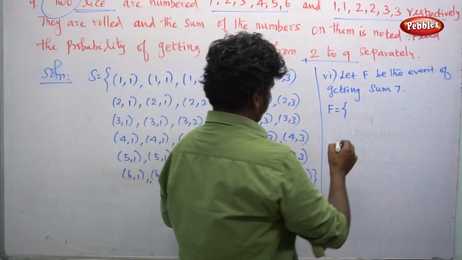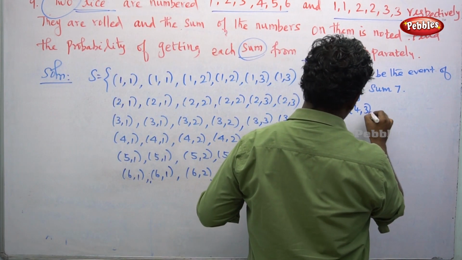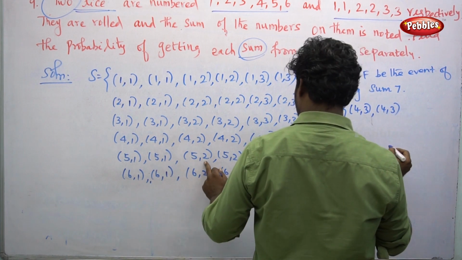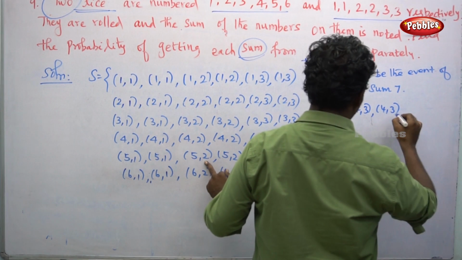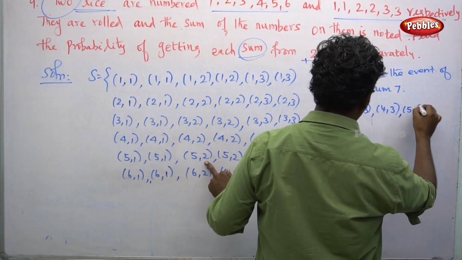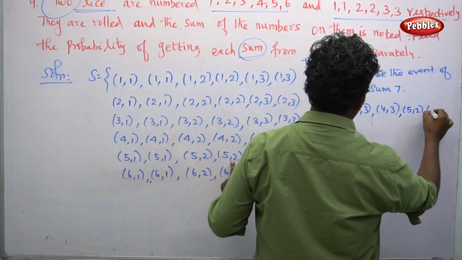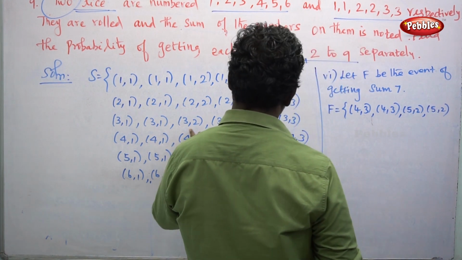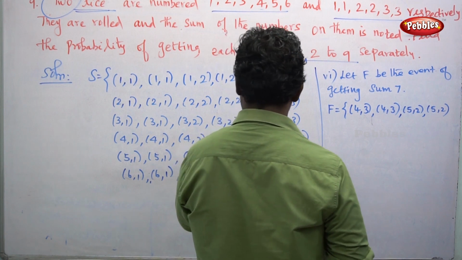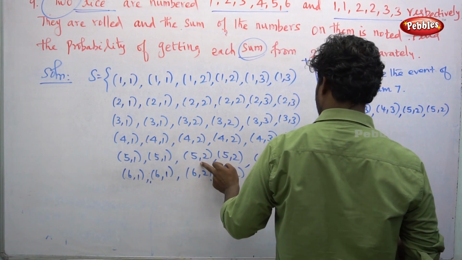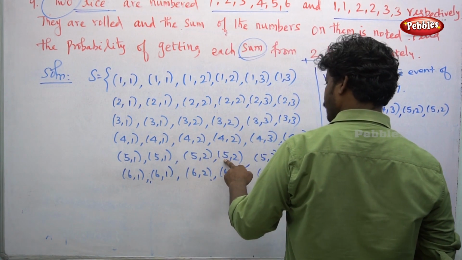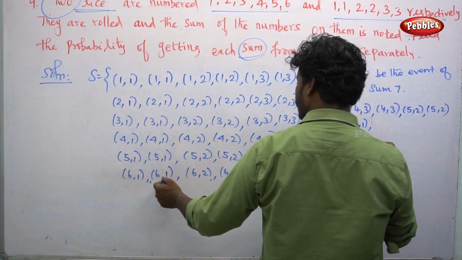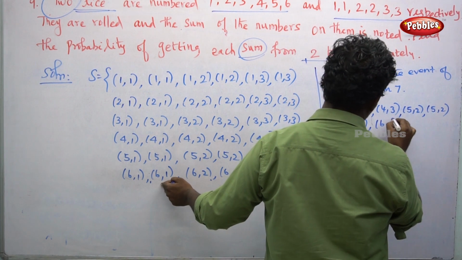Now 4, 3 then 4, 3 7. ஸோ அதோட 5, 2 ரைட், 5, 2 then 5, 2 7. வேறு ஏதாவது 7 வர மாதிரி இருக்கா? ஸோ நோ சான்ஸ் ரைட். அப்புறம் இங்கே 6, 1 இருக்குது பாருங்கள். 6, 1 7 தானே, இங்கே ஒரு 6, 1 right.